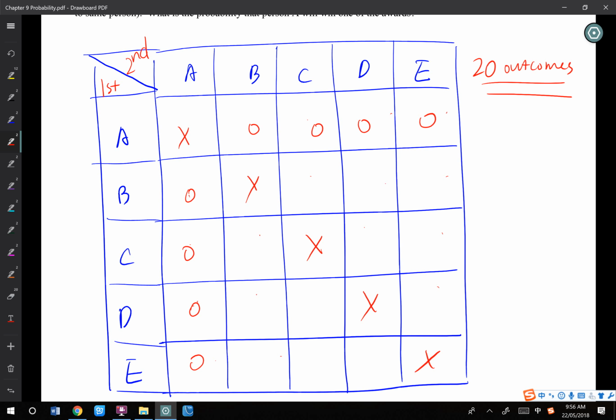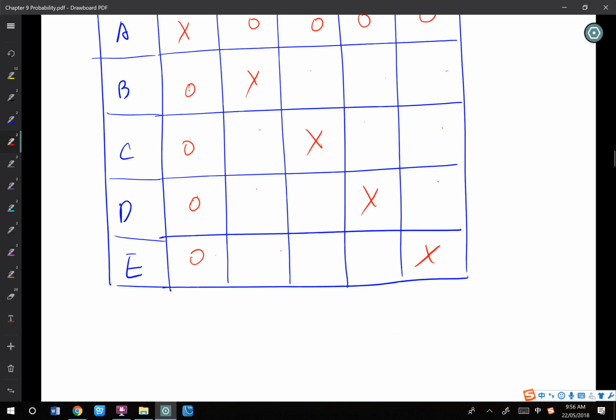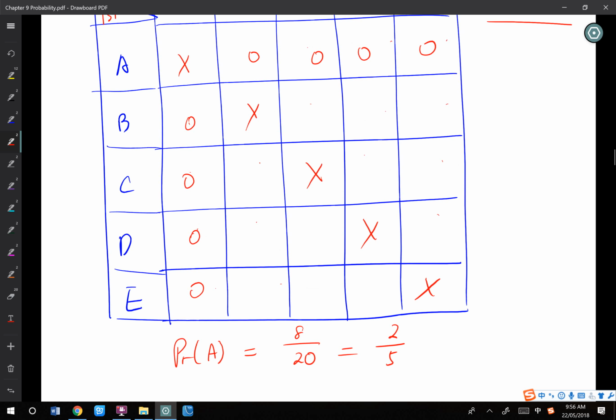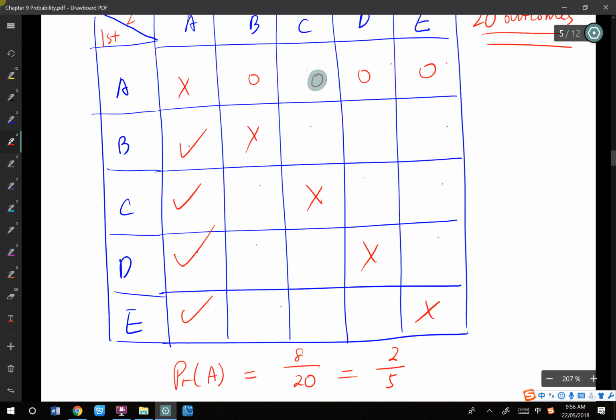How many of those? 8. So the probability of A winning is 8 over 20, which is 2/5. It's a tick: A will win, A will win, A wins awards. Does that make sense? Do I change it to tick?